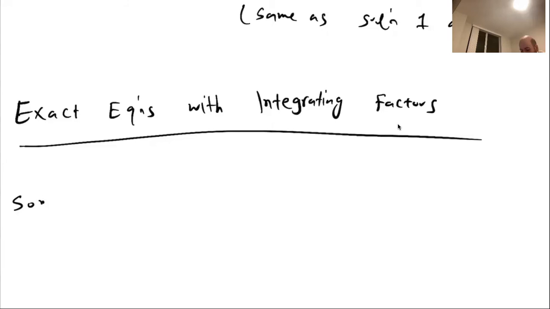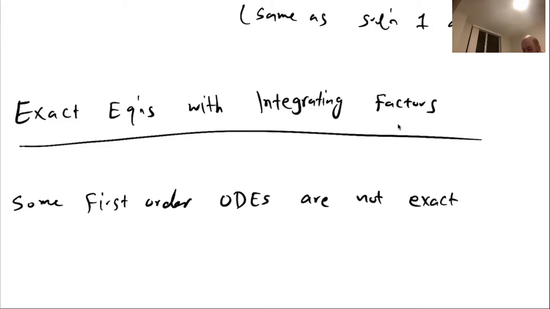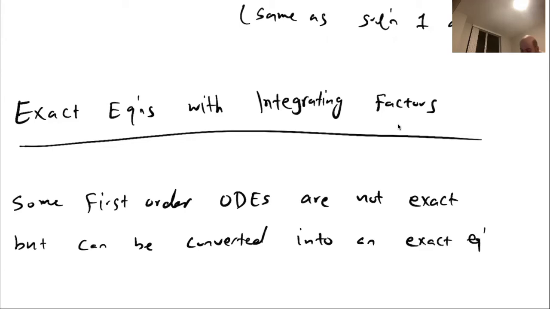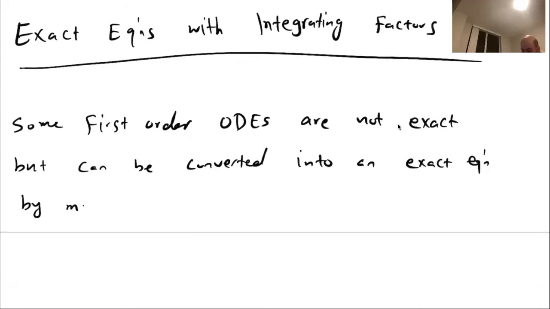So some first order ODEs are not exact, but can be converted into an exact equation by multiplying both sides by a proper integrating factor.